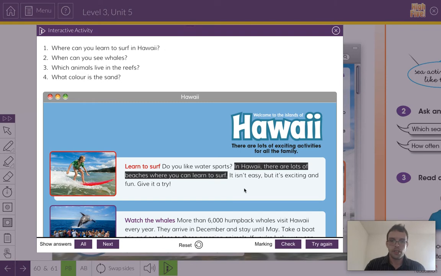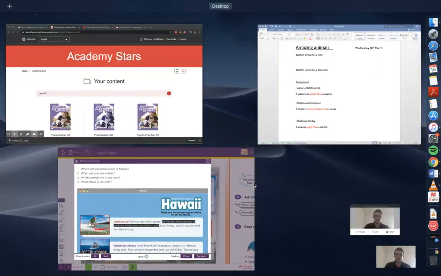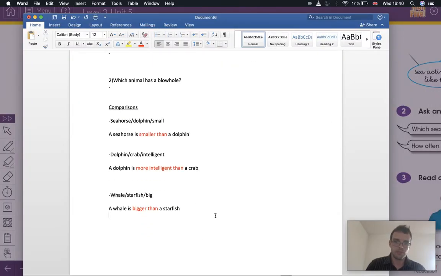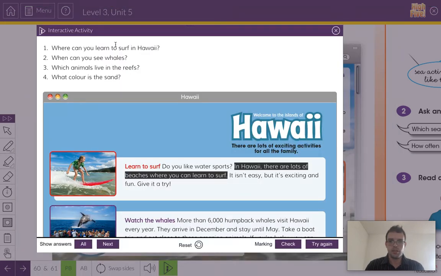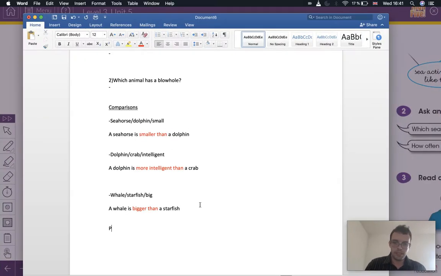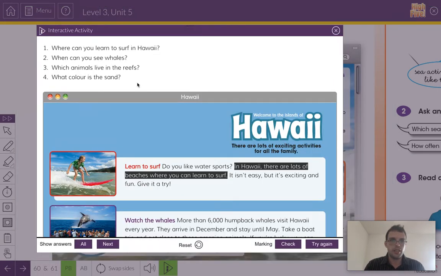Okay, so what we're going to do is copy that into our notebook. Just to know where we are, we'll write page 60 and we'll put question 1, so that we know which question we're answering. The question was, where can you learn to surf in Hawaii?